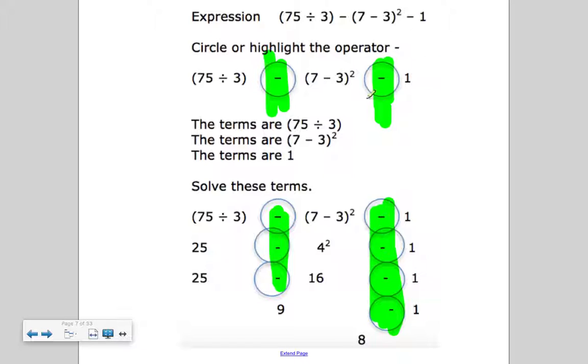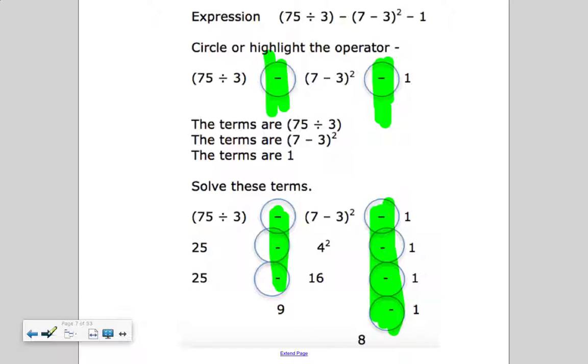Then the last term is 1. If you solve the first term, you get 25. The middle term, 7 minus 3 is 4, and what is 4 to the exponent of 2? 4 times 4 is 16. And then the last term is just 1. So 25 minus 16 is 9, minus 1 is 8.